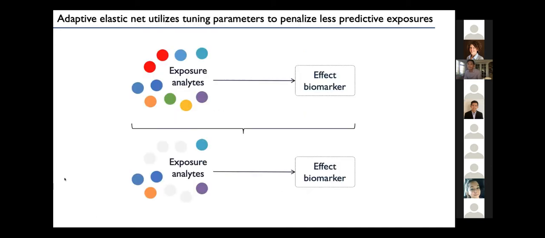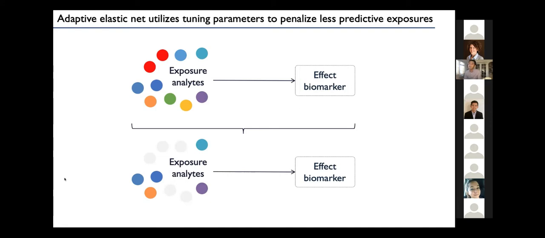So adaptive elastic net is a regularized regression method that utilizes tuning parameters to penalize less predictive exposures. And so what that means in a complex mixture of chemicals is that elastic net evaluates which of the exposures have the most important associations with the given outcome variable.